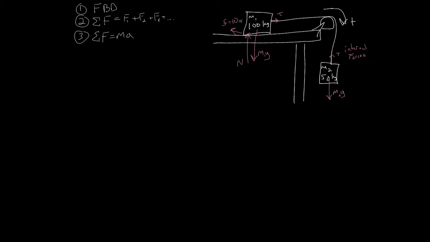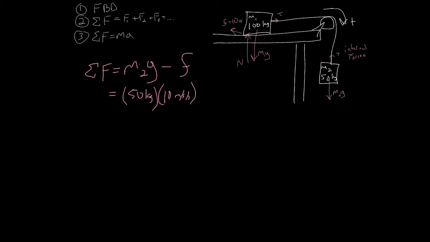All right, so we want our net force, adding up all the forces. Now, the normal force and the m1g, the weight of the block on the table, are going to cancel out. So I'm left with m2g, the weight of the hanging mass, minus the friction, since it's in the opposite direction. My m2 is 50 kilograms, g is 9.8, or about 10 meters per second squared, minus the friction, which we said was 10 newtons.